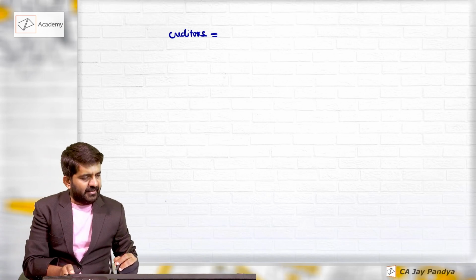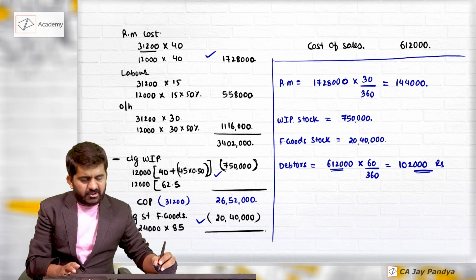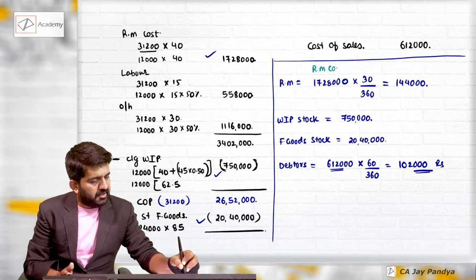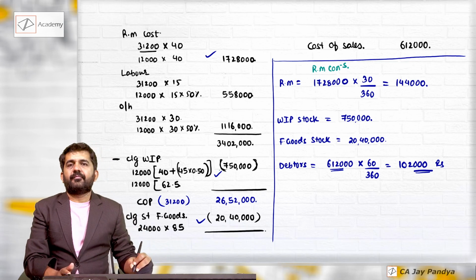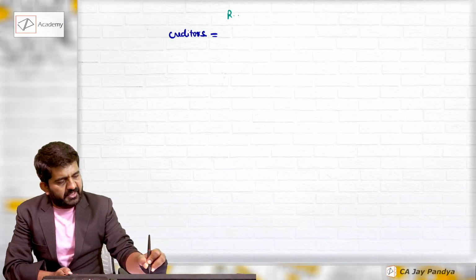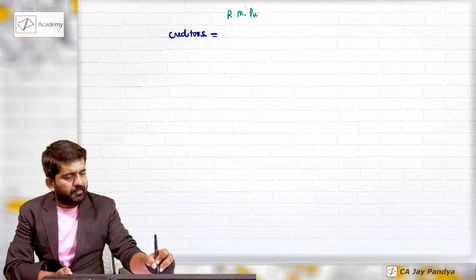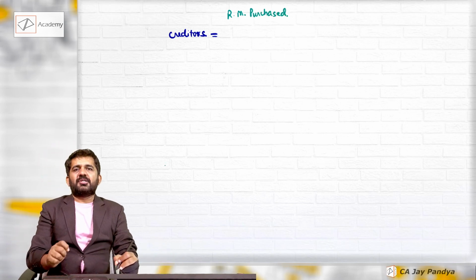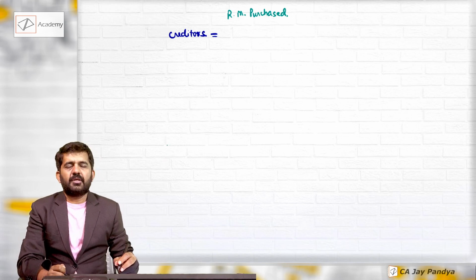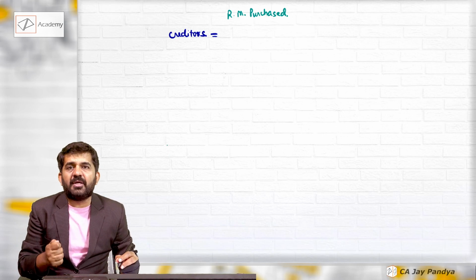Please understand, raw material stock is based on raw material consumed, and creditors are always based upon raw material purchased. Very logical. Consumption will give you stock, purchase will give you creditors. Consumption might not be equal to purchase.